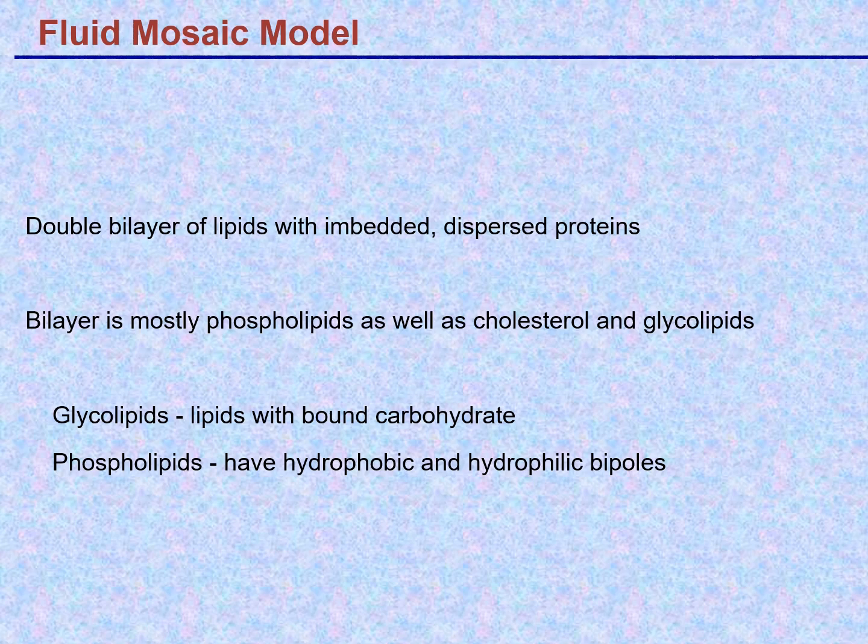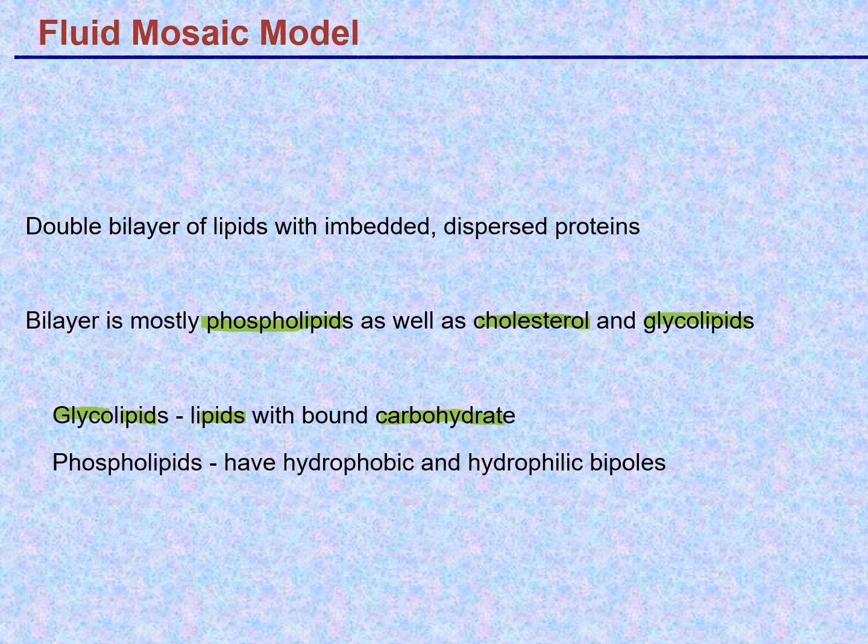So the vast majority of the phospholipid bilayer is, in fact, phospholipid, but there is also quite a bit of cholesterol, and that adds fluidity to the membrane, and there are some glycolipids, as I said. And as I told you earlier, glycolipids are lipids that have a portion of them that is carbohydrate.